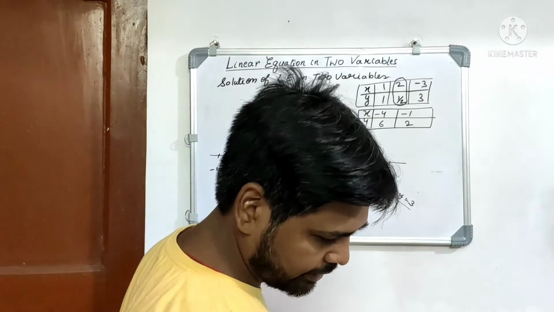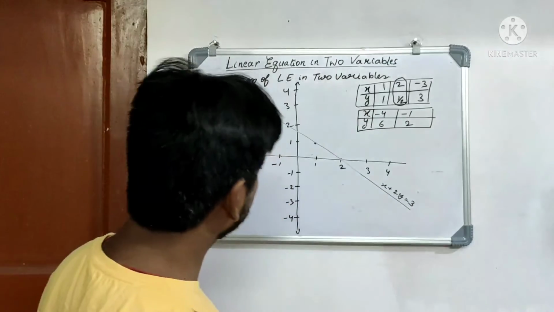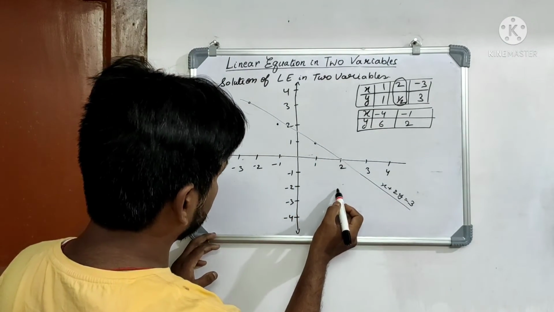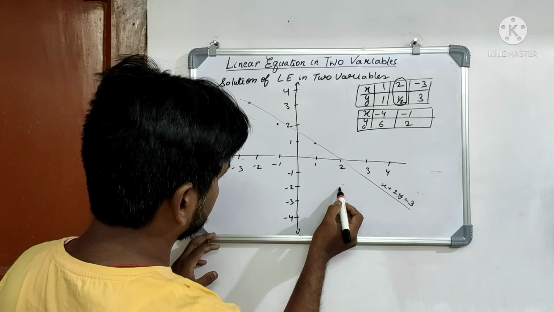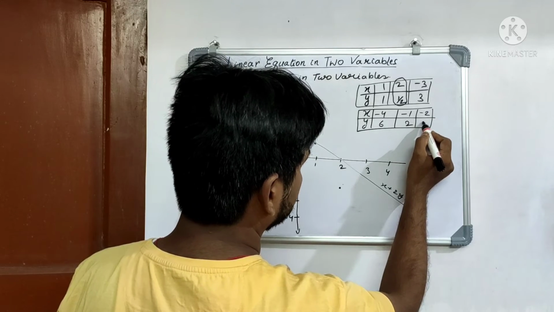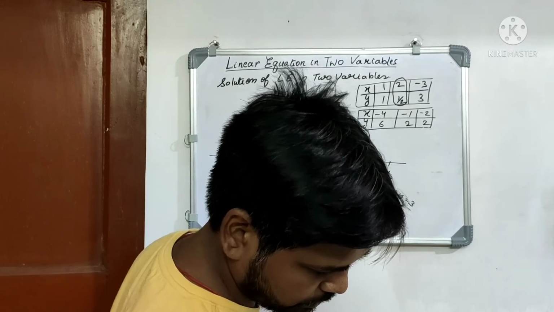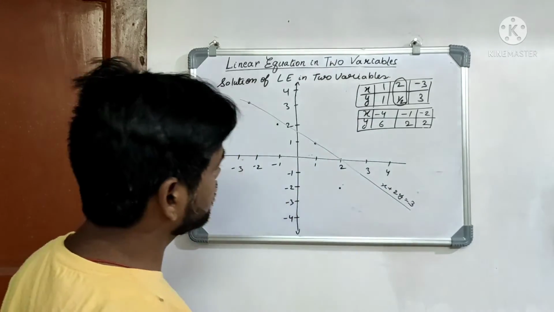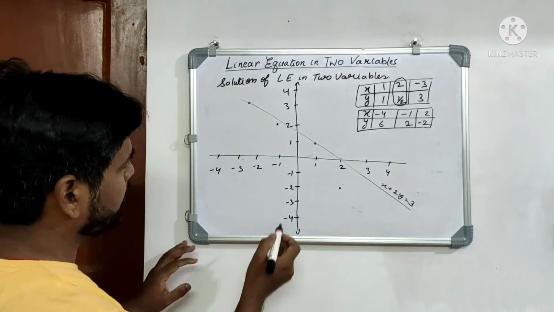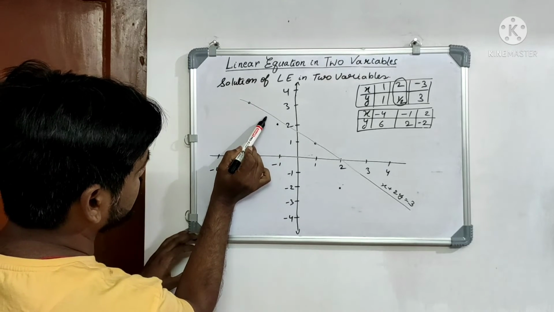Similarly, if x is equal to 2, we are having -2 over here. So I am plotting x is equal to 2 and y is equal to -2. So I am just joining these 2 points.